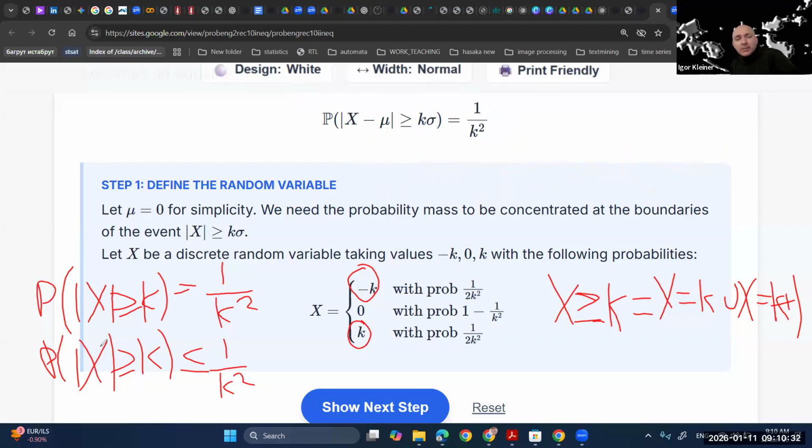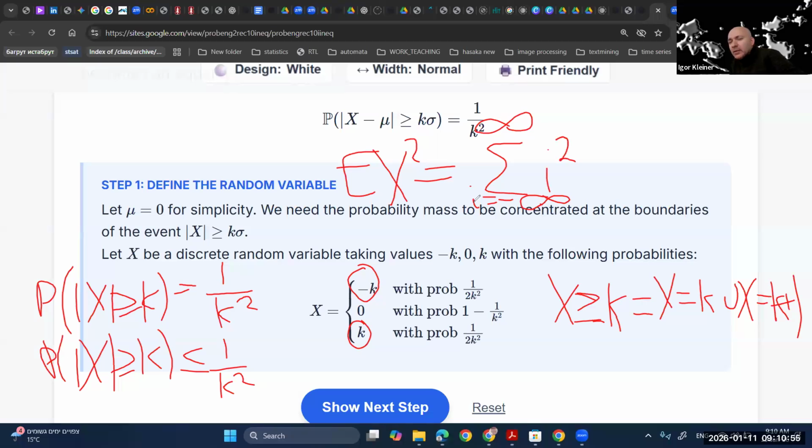Just a moment. Where is it here? The expected value of x squared, by definition for a discrete random variable, equals the sum for i from minus infinity to infinity. Now you apply the function, i squared, times the probability that X equals i.